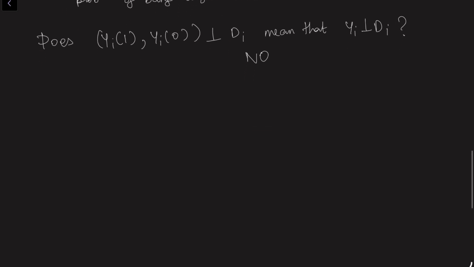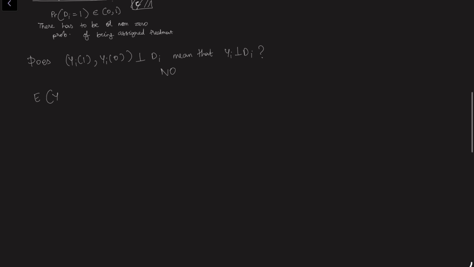So firstly, let's calculate the expectation of the observed outcome times the treatment assignment. So we are trying to see if this value is independent, or what this value is, right?